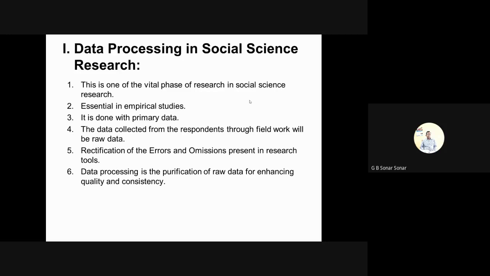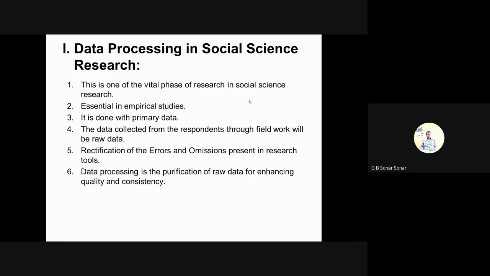So to maintain quality in any social science research, using proper research tools, proper research techniques, and data processing is a must. If the proper procedures are not followed, then we will be deviating from the systematic and scientific approach.